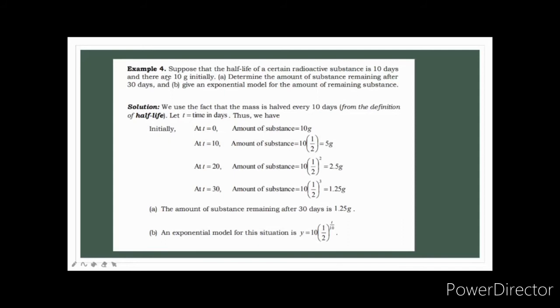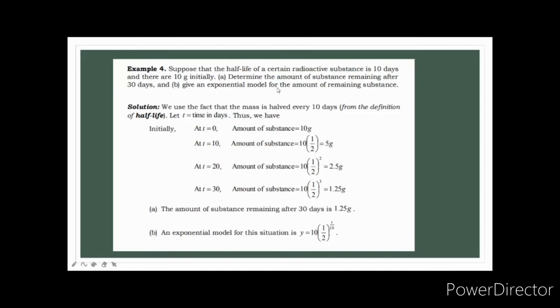Suppose that the half-life of a certain radioactive substance is 10 days and there are 10 grams initially. Letter A, determine the amount of substance remaining after 30 days. And letter B, give an exponential model for the amount of remaining substance.